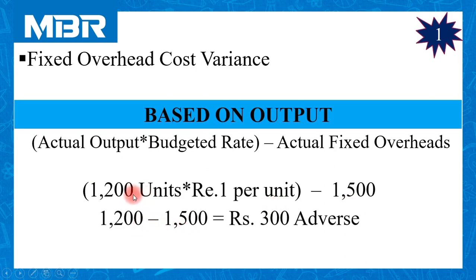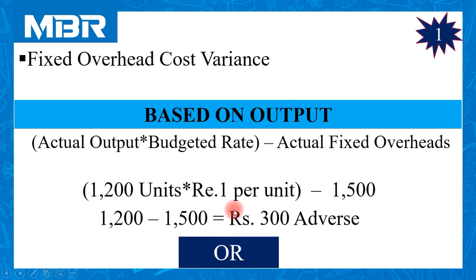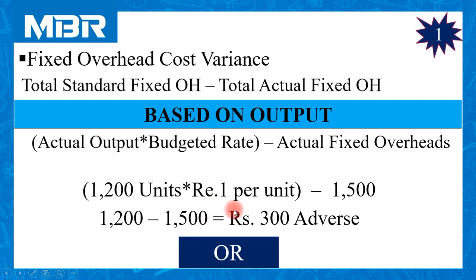So budgeted expenditure for 1200 units, 1200 minus 1500 equals rupees 300, and it is adverse because we have paid more expenditure than that of budgeted or standard. The basic formula that you know: the standard fixed overhead minus total actual fixed overheads. This is the first method to calculate fixed overhead cost variance.